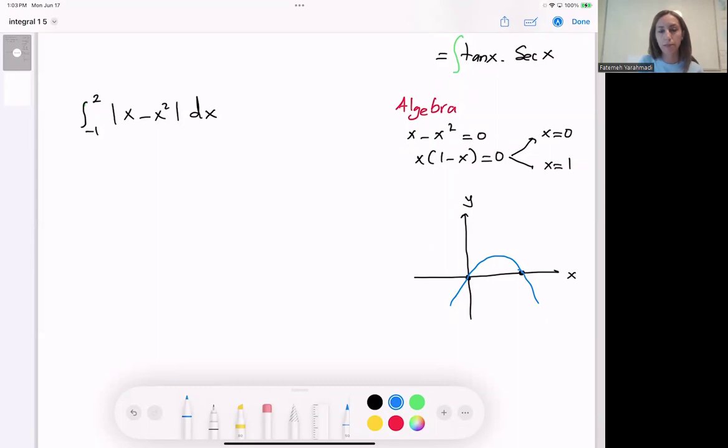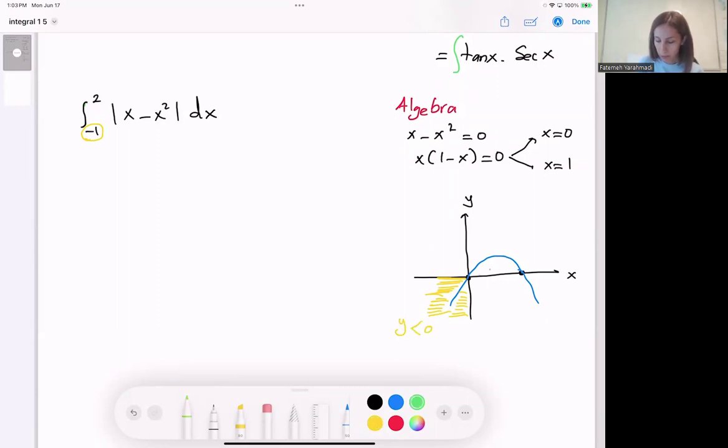But why it is important for us? Take a look. Our definite integral starts from -1. So from -1 to 0, my graph is below x-axis. My y value is negative.